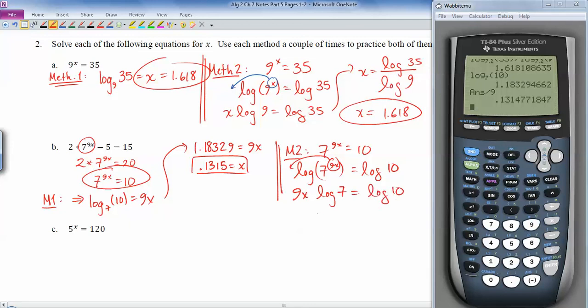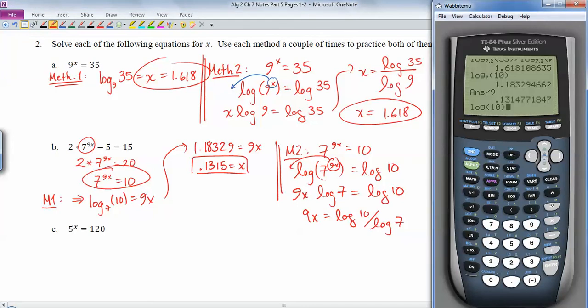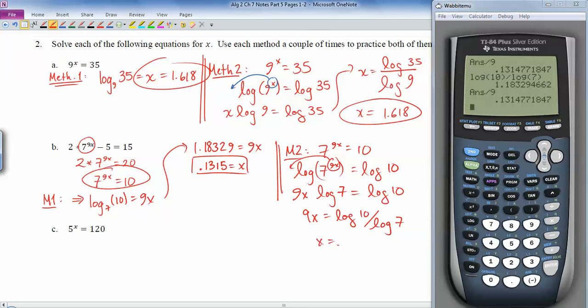And then I'm going to divide both sides. So 9x will be log 10 divided by log 7. So 9x equals that thing. And then you're going to have to divide by 9. And you get the same answer that you had before. X ends up being 0.1315.